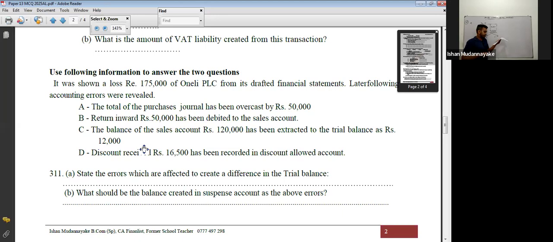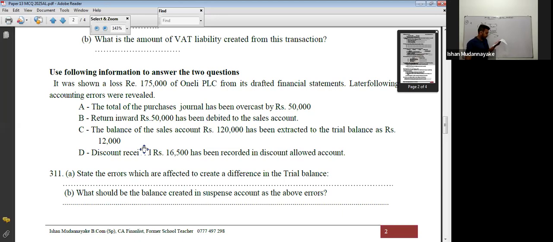Normally in the discount allowed account we record on the debit side. So this discount received amount also has been recorded on the debit side.